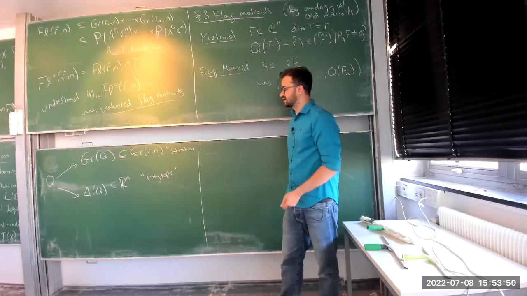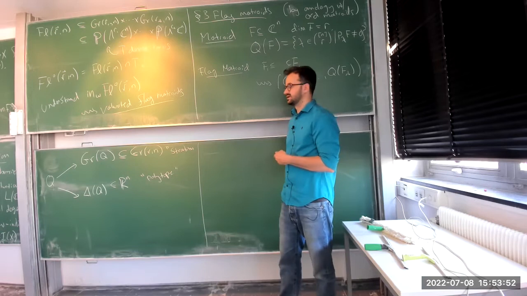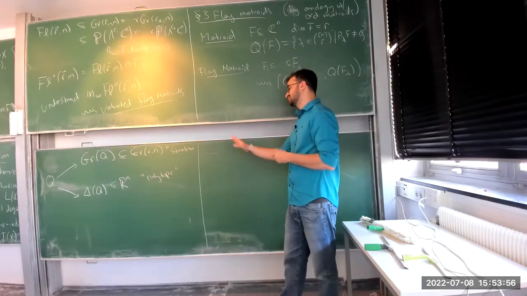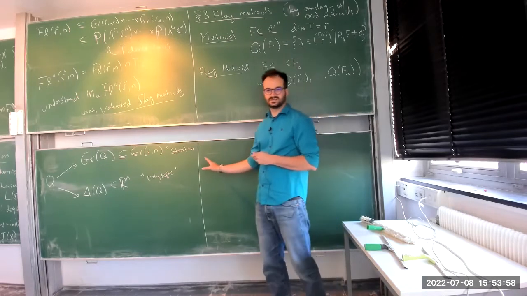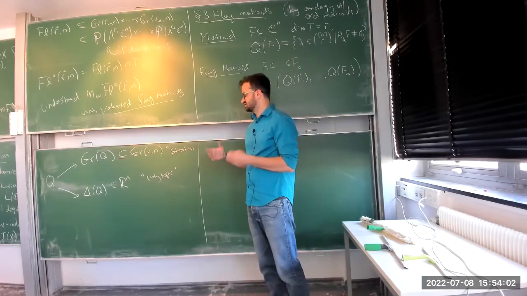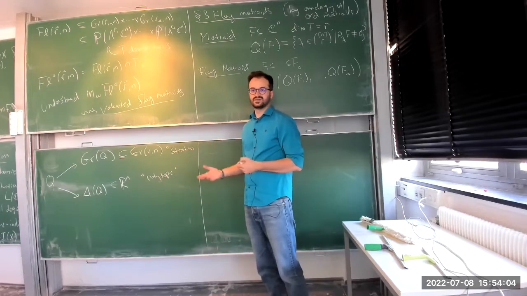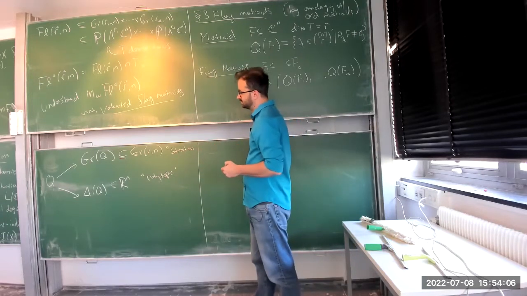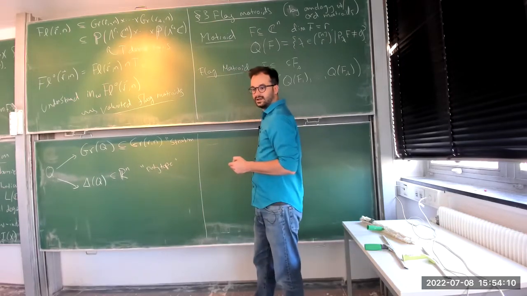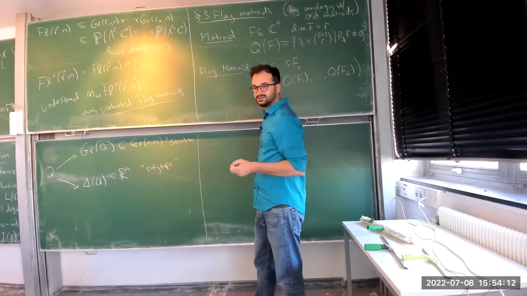It's given by the convex hull of the vertices, which essentially correspond to the bases of Q. So the vertices are like the indicator vectors of the bases, essentially.